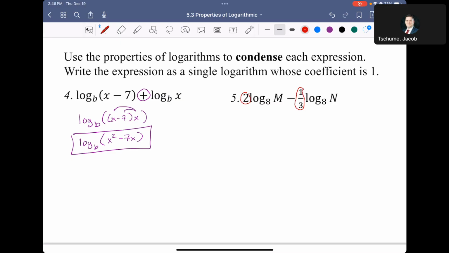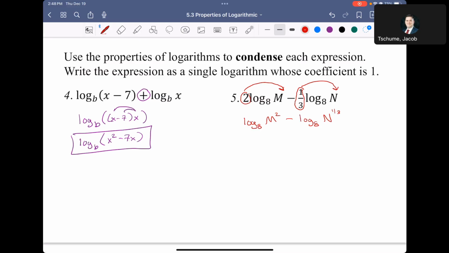Anytime we have a number in front of a logarithm and we're being asked to condense it, you bring it back inside of its respective logarithm, and remember, it becomes the exponent of what's inside. So you would be left with log base 8 of m squared minus log base 8 of n to the 1/3.